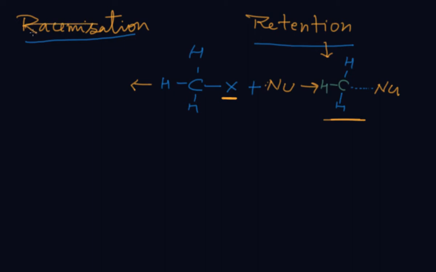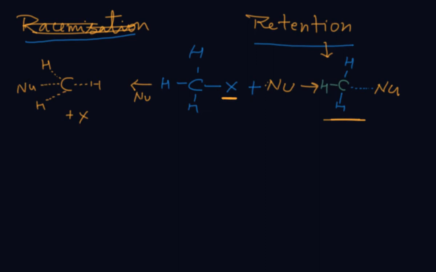Inversion of configuration is when, if I attack with a nucleophile here, it comes from the side opposite to the halide ion. The nucleophile will come on this side. This is again H, H, and H, and we get X as a side product.